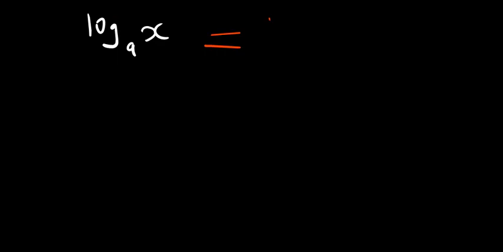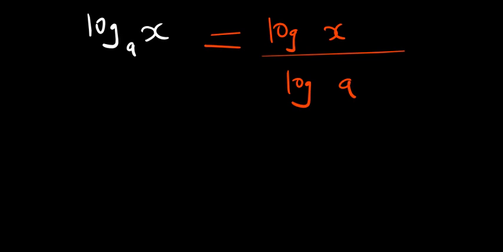So I'm going to have log x over log a. Then to which base are we changing? If it's b, just put b and b. That's how you convert one log from one base to another.